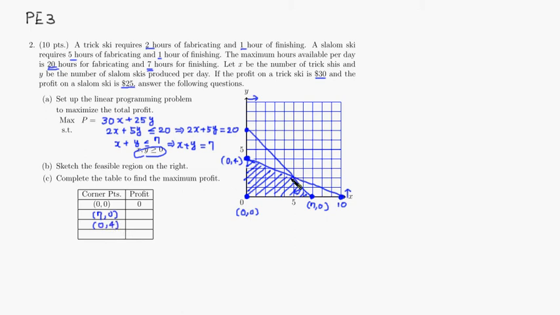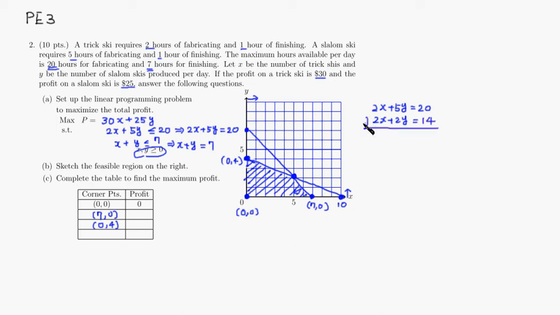And this one looks like 5, 2. Just to make sure that's the case, this is the intersection of these two lines. You have 2x plus 5y is equal to 20, and x plus y equals 7. I'm going to multiply the second by 2, so you have 2x plus 2y is equal to 14.